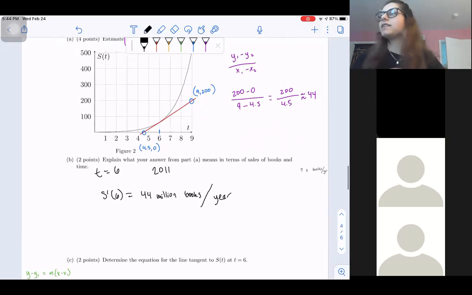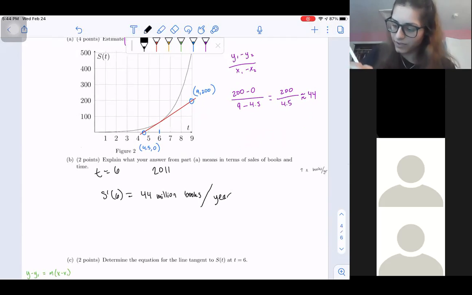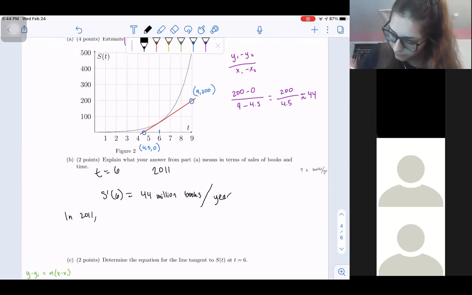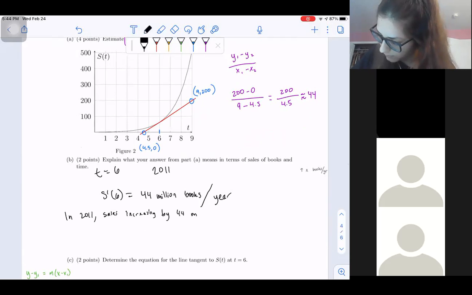When we put it in a sentence: in the year 2011, which was 6 years after 2005, book sales are increasing by about 44 million books per year.